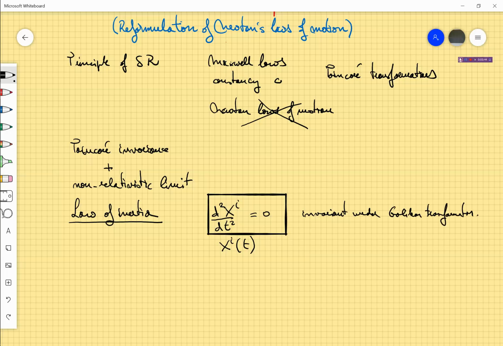Galilean transformations, for instance, only shift the time by a constant, so the denominator of this never changes, and the kind of transformations that they do to x^i are linear in time at most, so this really doesn't change.